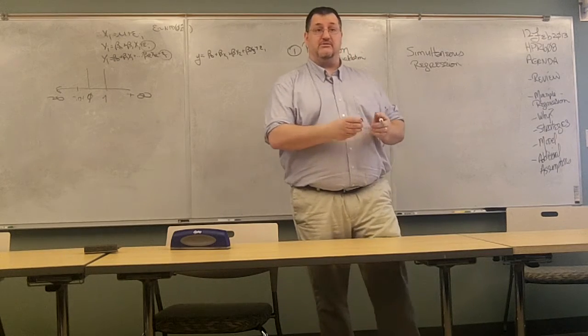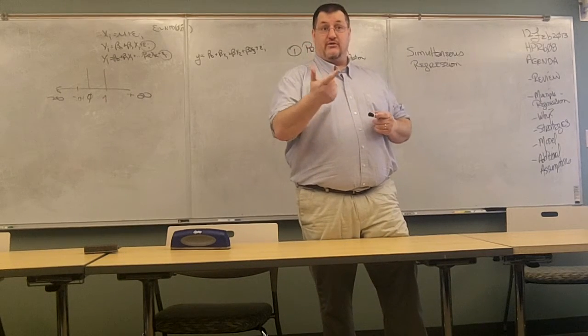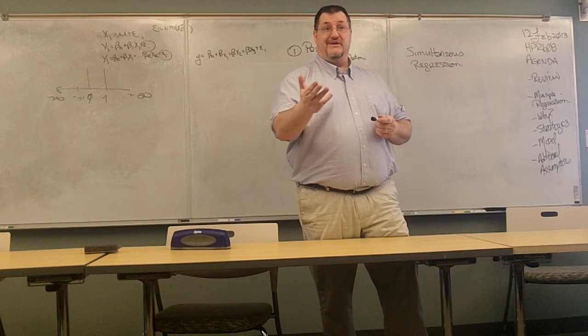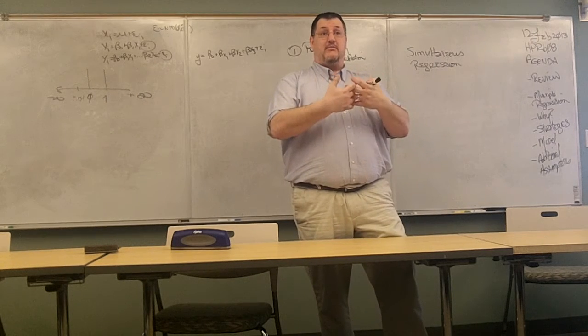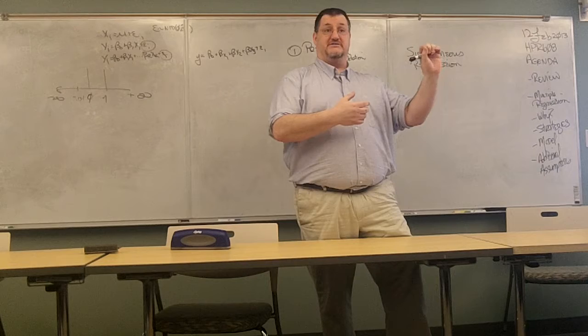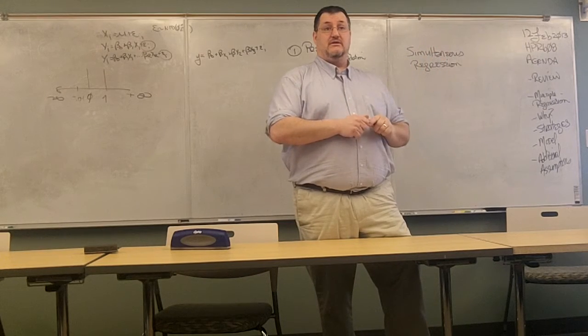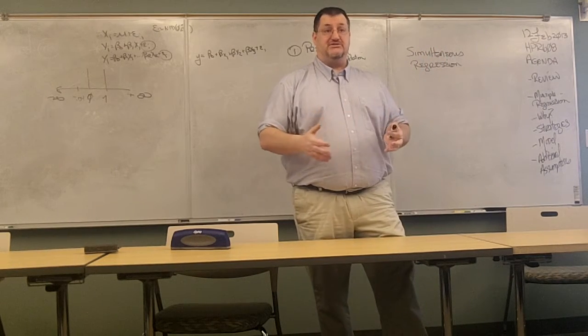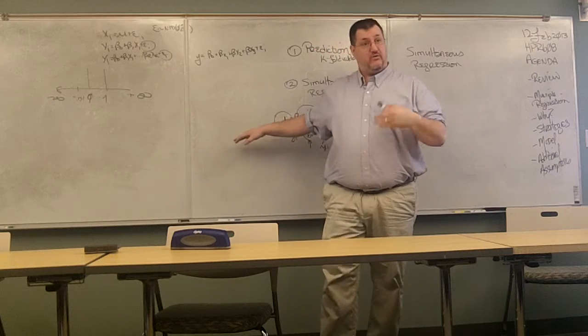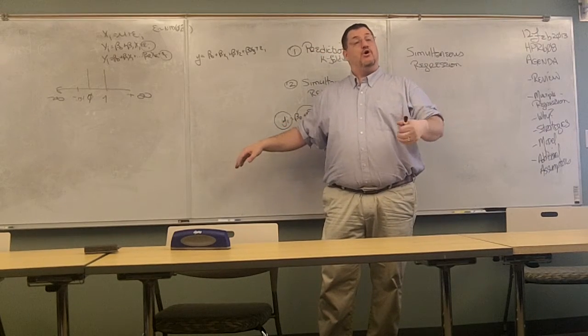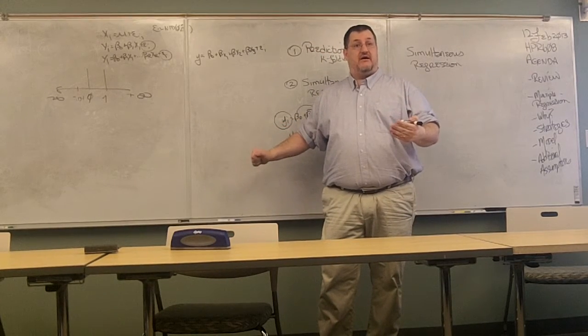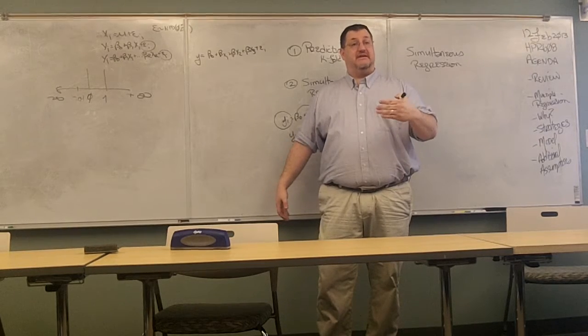Remember we talked about measurement scales? Nominal, ordinal, interval, and ratio. This is where all of these things come together under the generalized linear model. With least squares regression or multiple regression, as we've been talking about it, we're assuming the data are measured on at least the interval scale.